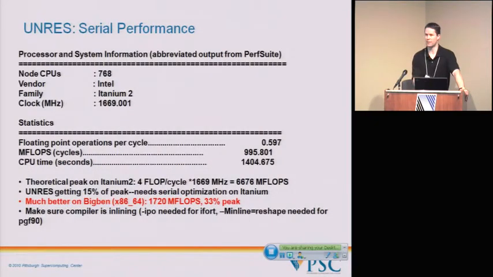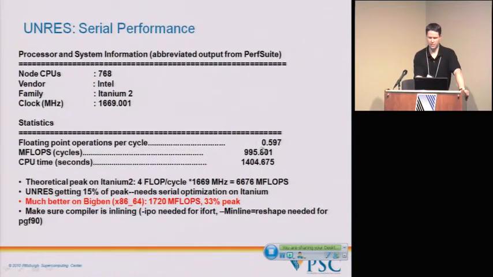So just looking at the application that we're following here, unres, we ran this with PerfSuite to look at the overall performance, and this was on an Itanium machine. When PerfSuite runs, it gives you output that describes the architecture you're running on, gives you some information about that.